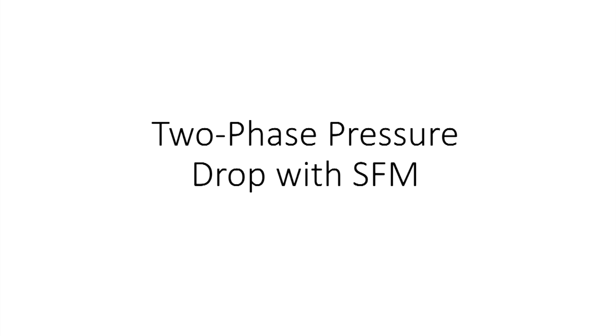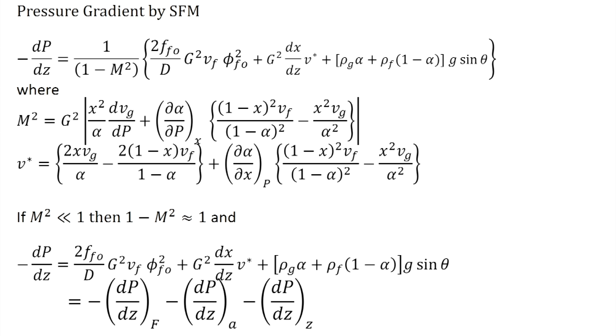Okay. Now, let us see how to calculate two phase pressure drop using the separated flow model. The pressure gradient by separated flow model is given by this expression: minus dP by dz is equal to 1 upon 1 minus m square in the bracket 2 FFO by d g square Vf phi FO square plus g square dx by dz V star plus rho g alpha plus rho f 1 minus alpha g sin theta.